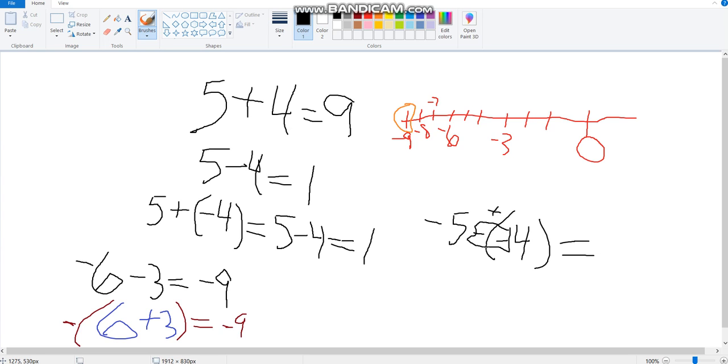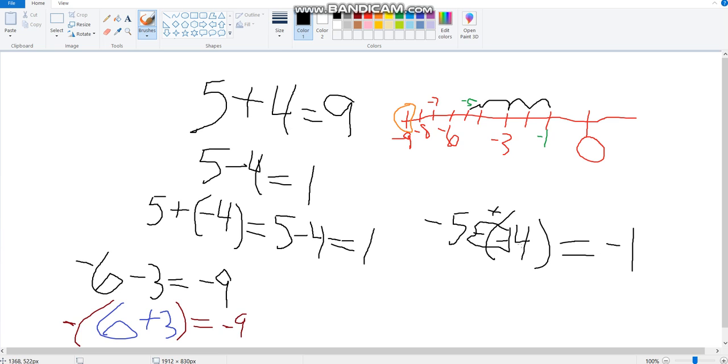So those two minuses will go away and you put a plus in there instead. So you'll have negative 5 plus 4. Now, negative 5 is right here. So if we go up 4, we go 1, 2, 3, 4, we end up at negative 1. So we're going to put negative 1.